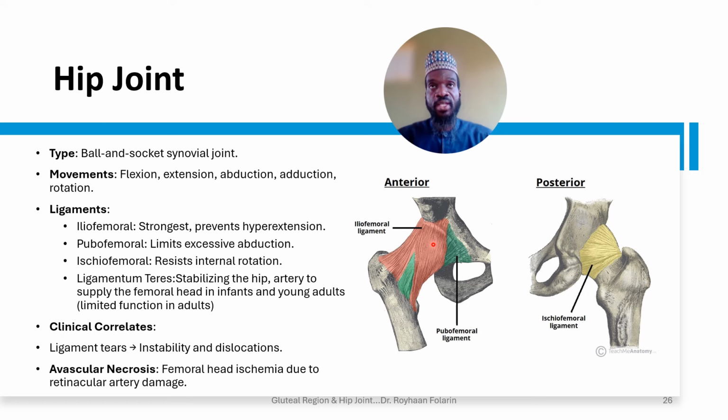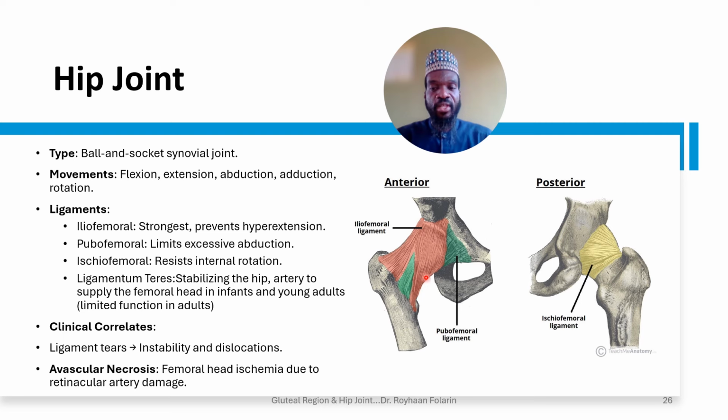Normally, muscles that offer extensional movements like the gluteus maximus, when they contract and take the thigh posteriorly, ligaments placed on the anterior surface would ensure that hyperextension does not occur. And the strongest of those ligaments of the hip joint is the iliofemoral ligament.